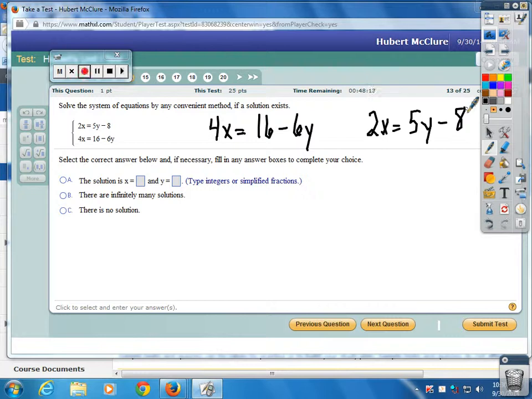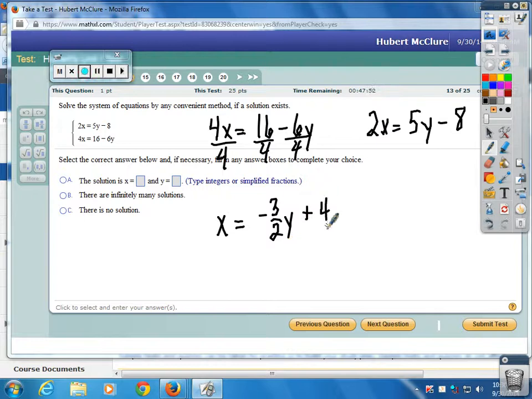It doesn't matter which one you pick, it's going to be about the same level of difficulty. I'm going to divide it through by 4. And that gives me x is equal to 3 halves, negative 3 halves y plus what?